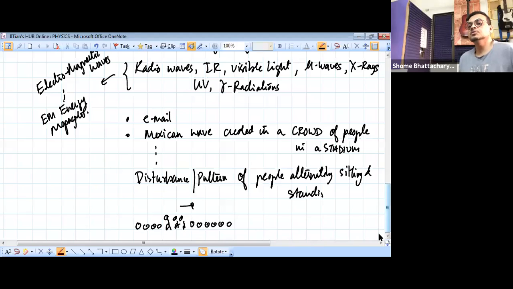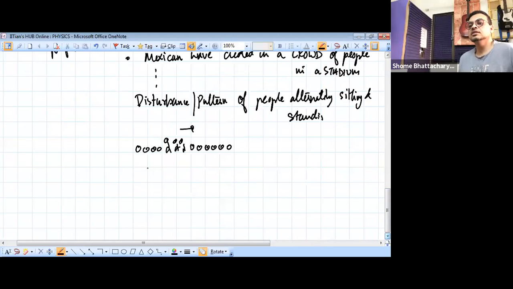Now this disturbance or this pattern travels. So alternately now these people sit down, and the people next to them, they stand. Then after a while in the crowd, more people are sitting, now more people here are standing. So you see that this disturbance is traveling.